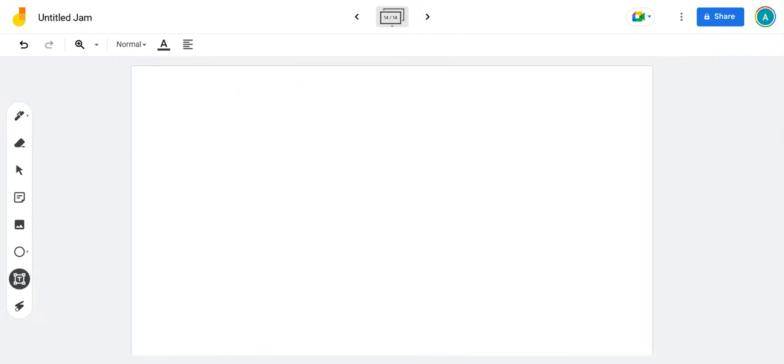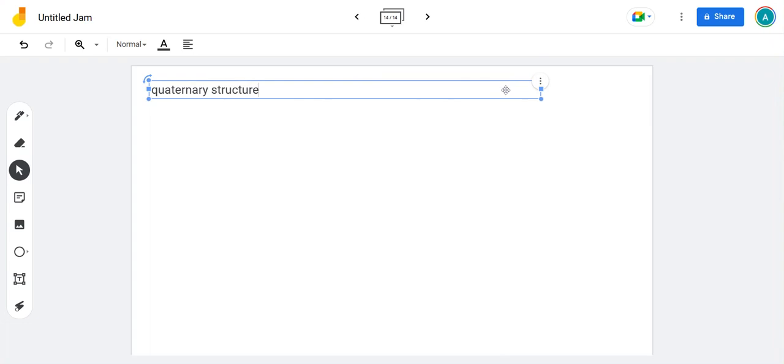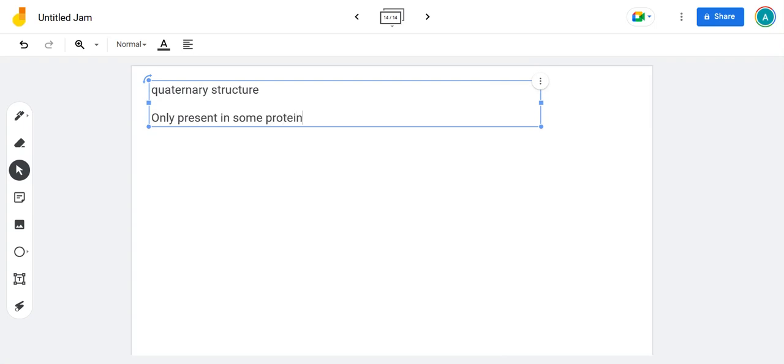The final level of protein structure is the fourth level, which is called the quaternary structure. The quaternary structure actually isn't always present. Only some proteins have the quaternary structure. It's when a protein is made of more than one polypeptide chain.